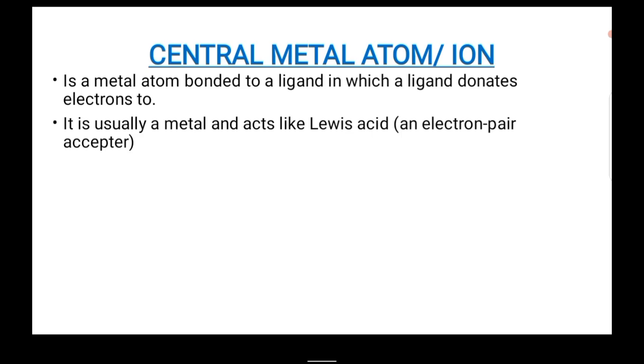It is usually a metal and acts like a Lewis acid. When you hear the term Lewis acid, it is an electron pair acceptor. So this central metal atom accepts electrons.